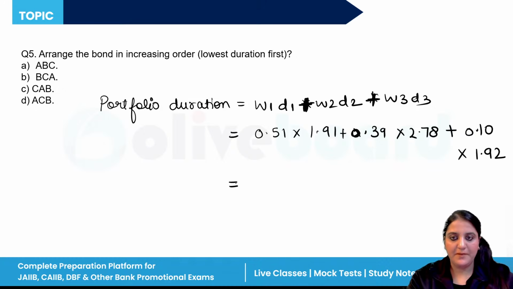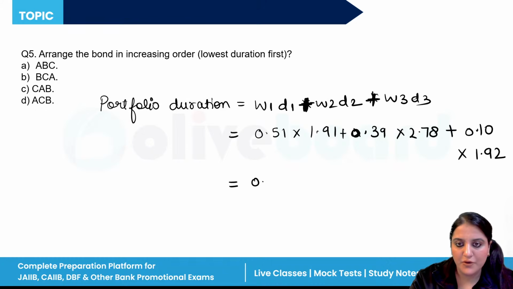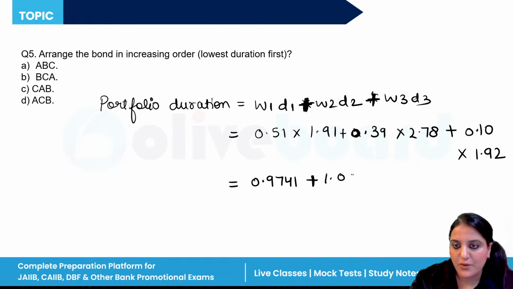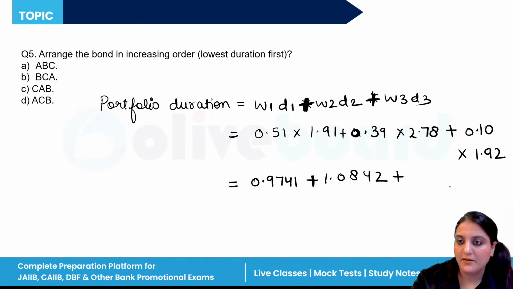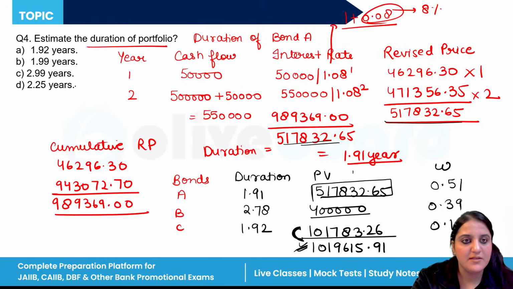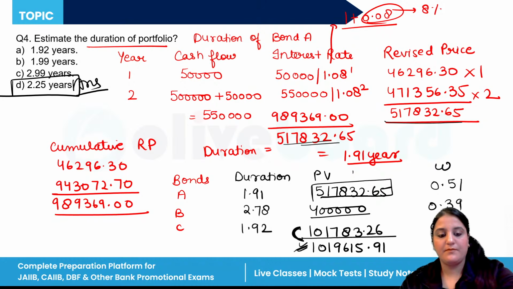So after multiplying here we get 0.9741, then 1.0842, plus it is 0.1920. So add them, it is 2.2503, which is this one, 2.25 years. This is the answer.